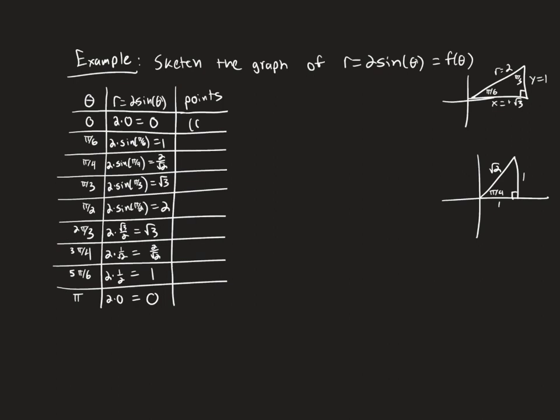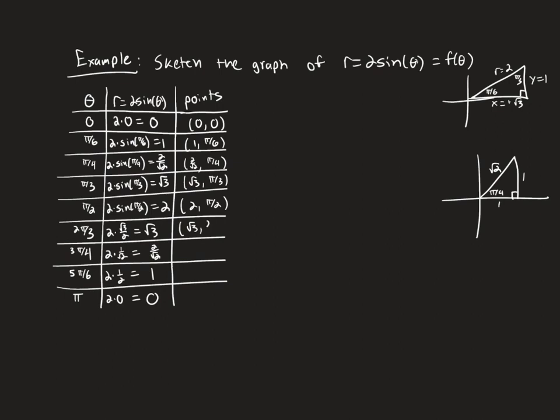So here we have the point 0, 0. Here we have the point 1, pi over 6. Here we have 2 over root 2, comma, pi over 4. Root 3, pi over 3. 2, pi over 2.